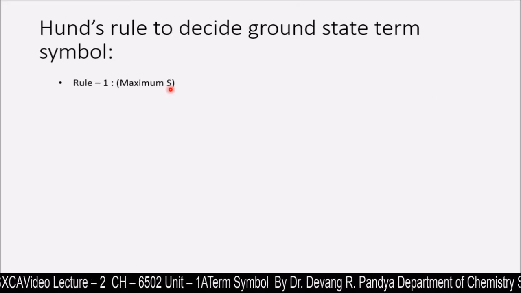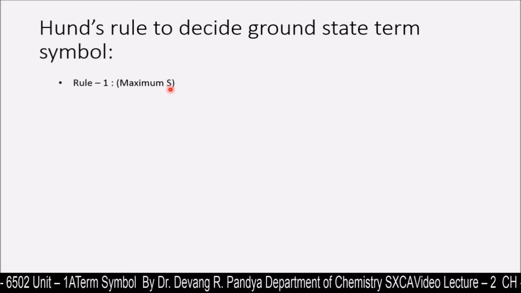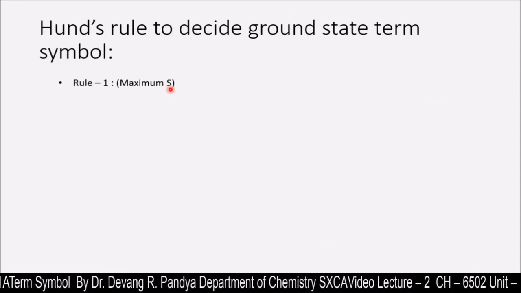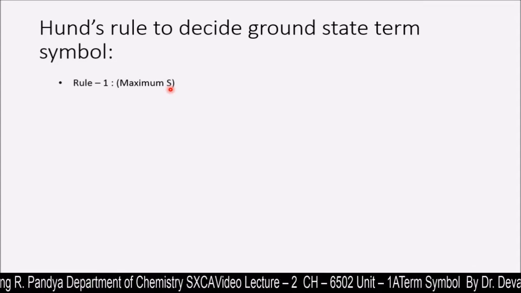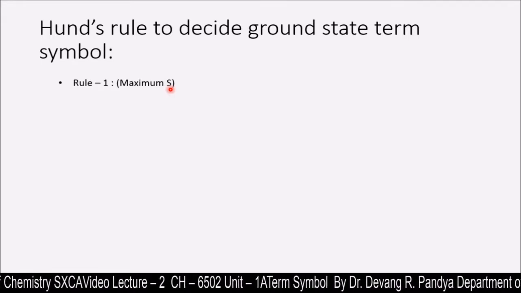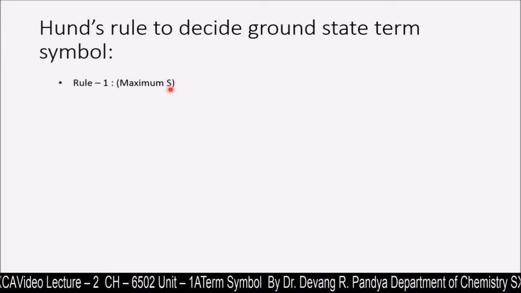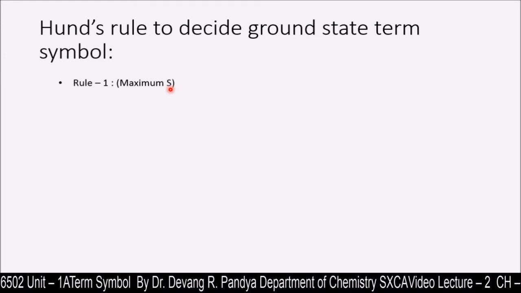If a particular term symbol has the maximum spin multiplicity, it gives lower energy and high stability, and a lower spin multiplicity gives higher energy and low stability. That way we can arrange the microstates into different energy levels.